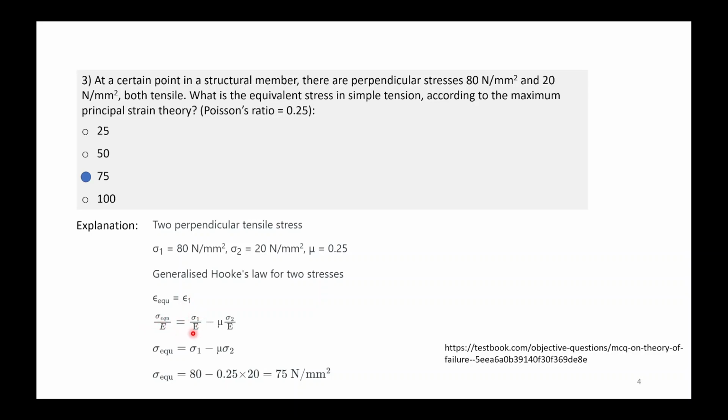In terms of Poisson's ratio, this formula can be rewritten as sigma 1 upon E minus mu sigma 2 upon E. Now putting the values of sigma 1 and sigma 2, we have to take the higher one as sigma 1. So 80 minus 0.25 times 20. This will be 5, and 80 minus 5 will be 75 Newton per mm square or 75 MPa.